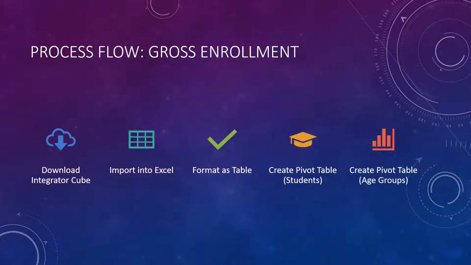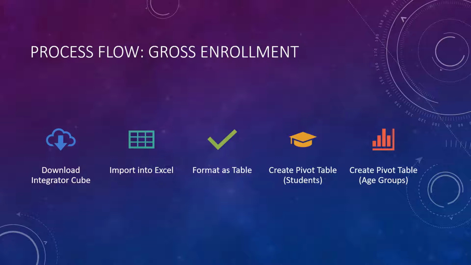So these are the steps required for the calculation of the gross enrollment rate. You have to download the status of students from OpenEMIS Integrator. You have to import the data into Excel.